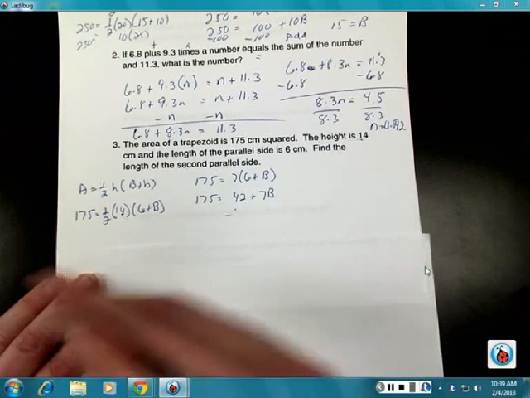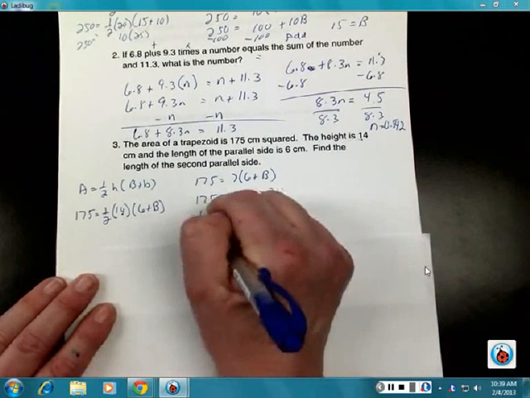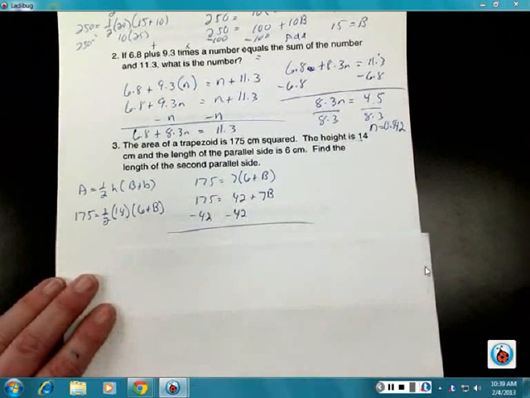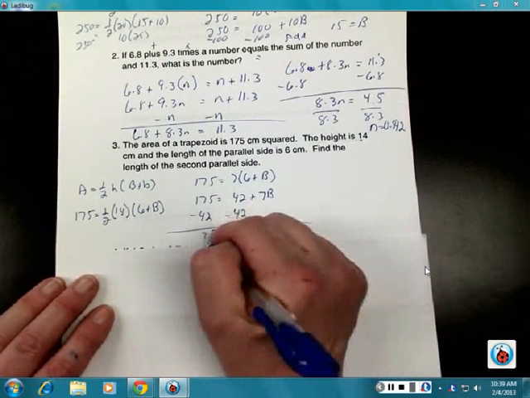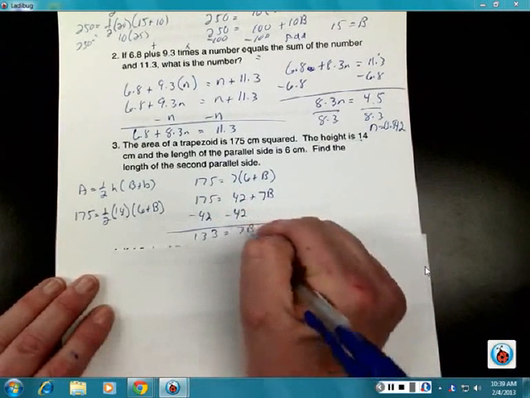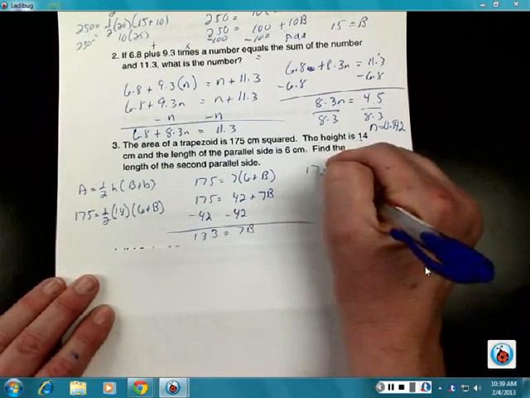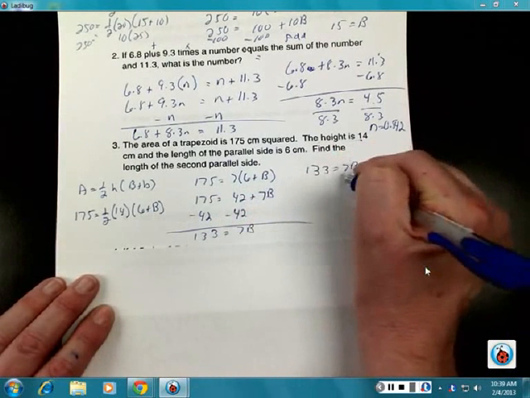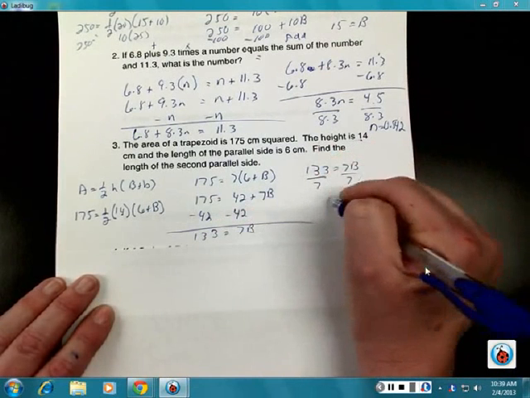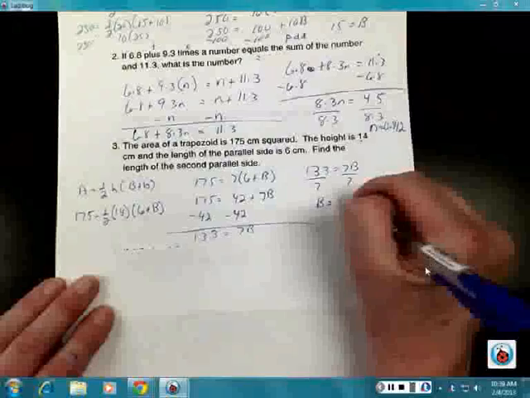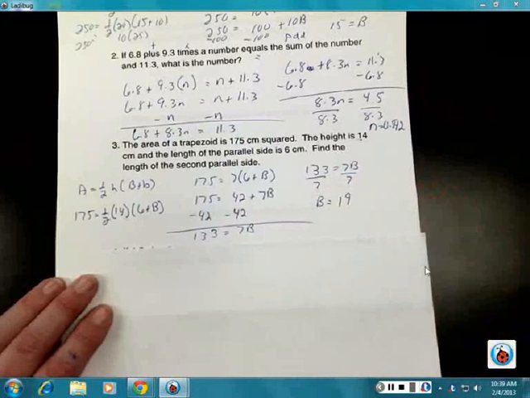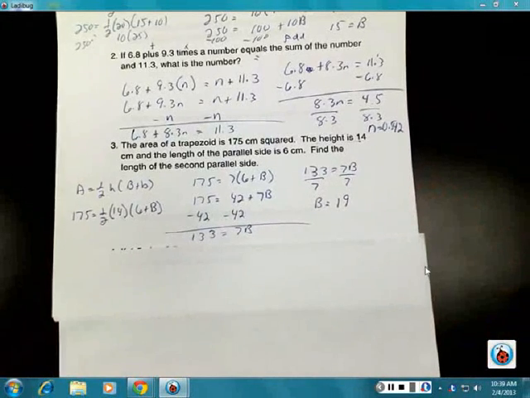Yeah, minus the 42. Perfect. So 175 minus 42 is 133. So 133 equals 7B, divide by 7. And so what's big B equal to? 19. Okay. And then you would check it, of course, and plug it back in. All right, yes or no?